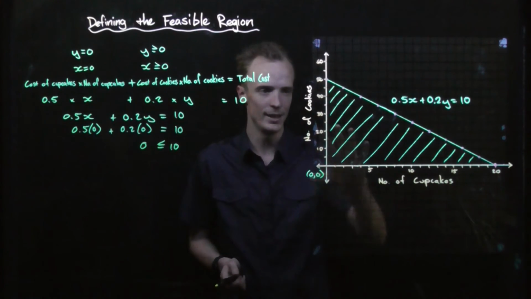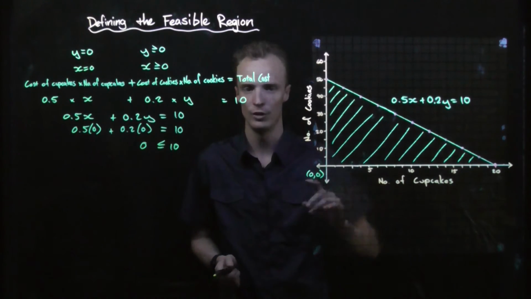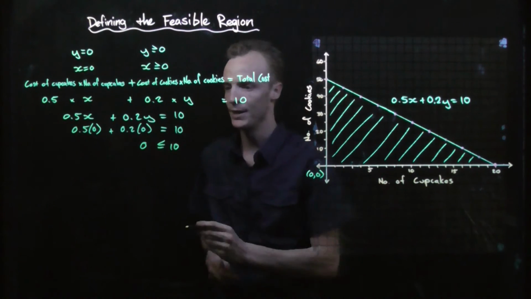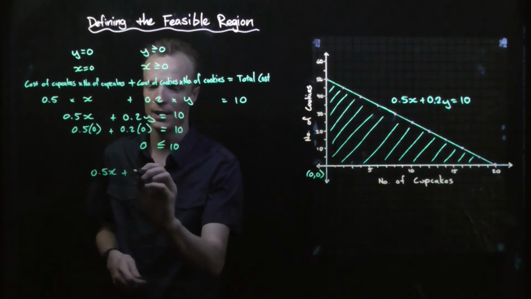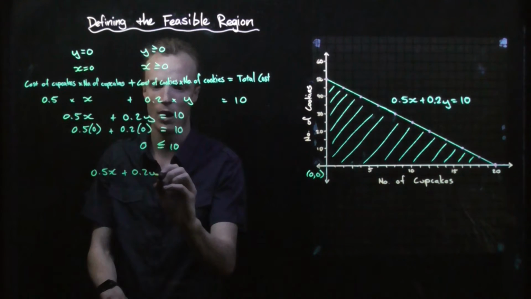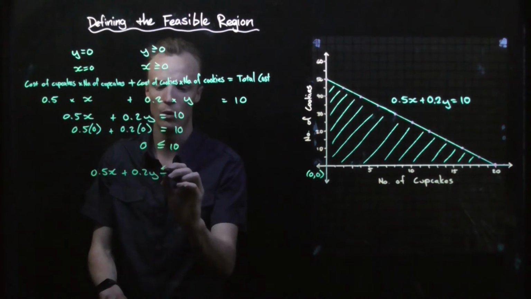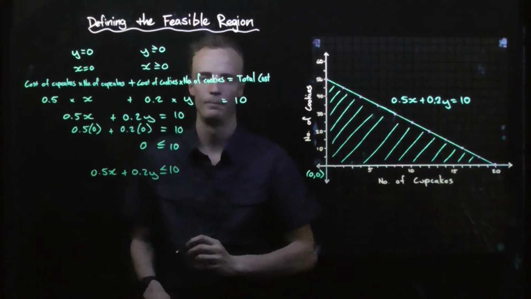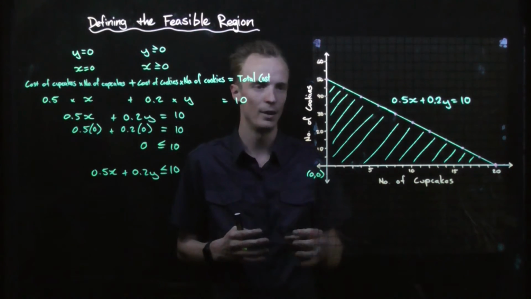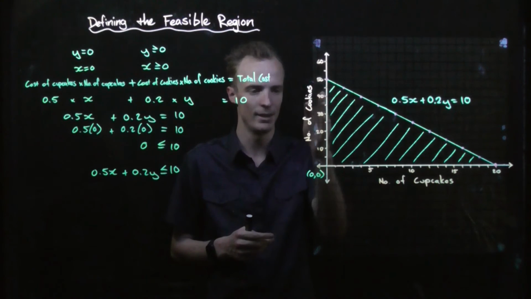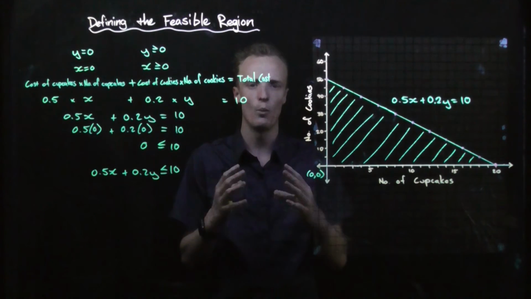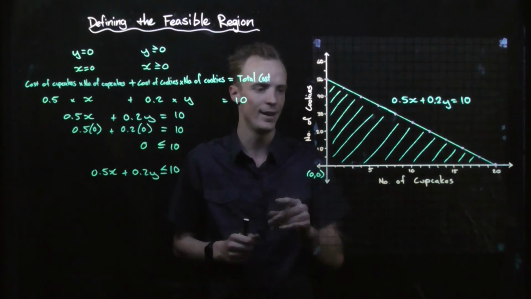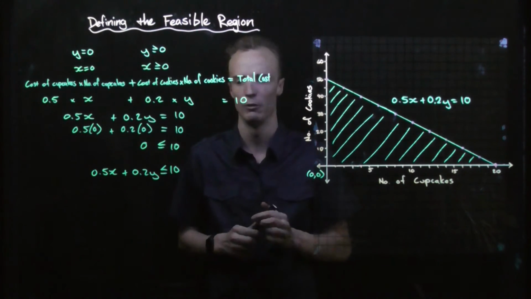So what that means is this area of feasible solutions we can describe as being 0.5x plus 0.2y is equal to or less than 10. So now that we've defined where the feasible region is in relation to each individual boundary, we need to write one final statement defining the entire feasible region.